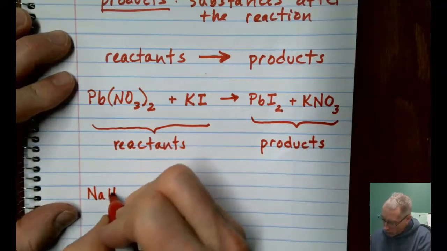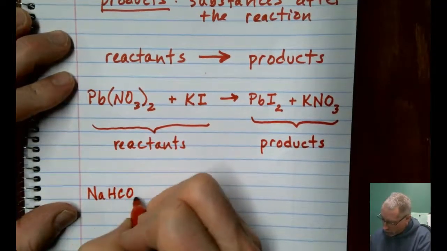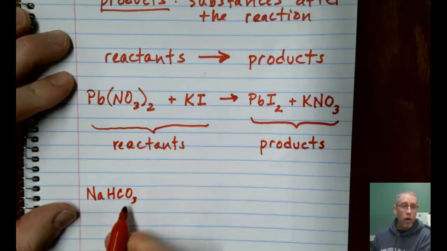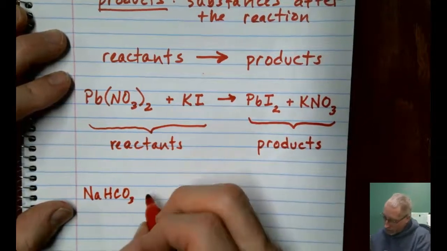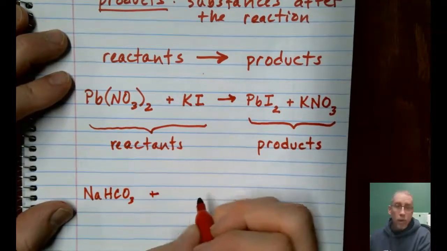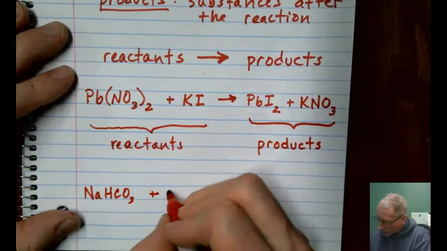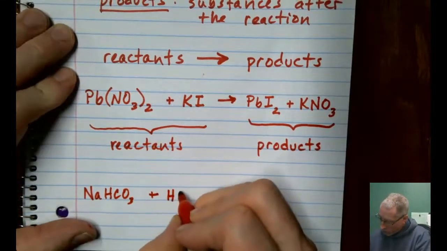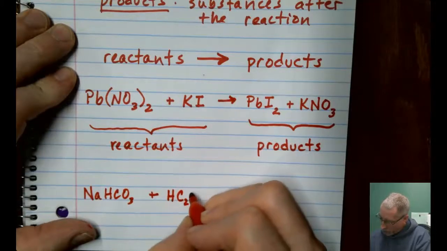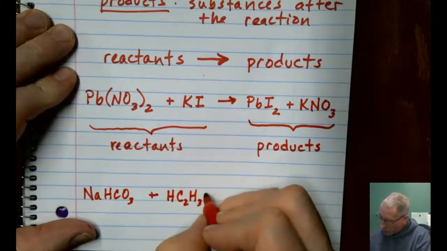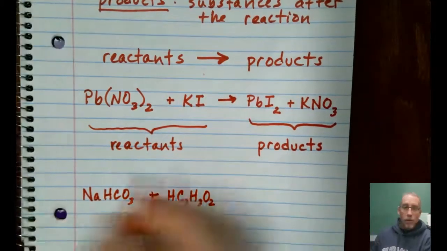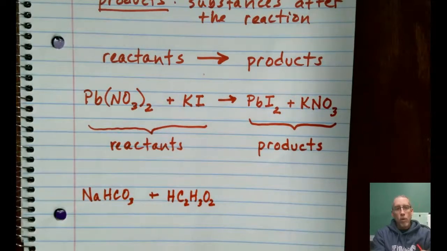Bicarbonate is HCO3. That's a hydrogen, a carbon, and 3 oxygens. And then we combine that with hydrogen acetate. It's got a hydrogen and then an acetate, C2H3O2. Again, a little bit more complex of a formula than what you're used to.